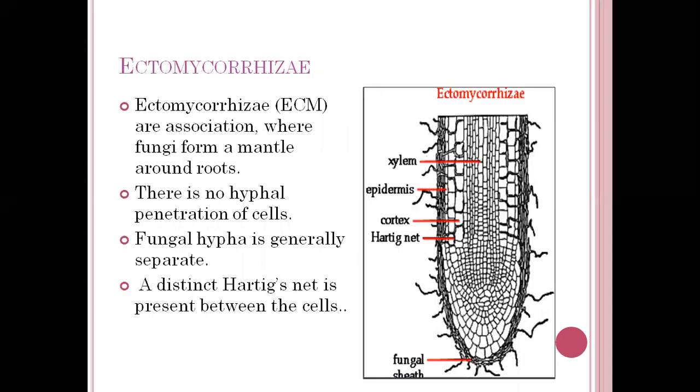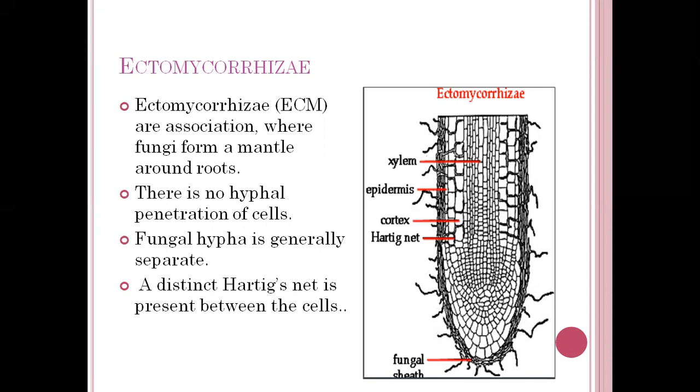Next, we are going to study the ectomycorrhiza. In the ectomycorrhiza, or ECM, the fungi do not penetrate inside the cells, whereas they form a mantle around the roots. There is a formation of a sheath-like structure outside the root cells, and the hyphae do not enter and do not form coils inside the root cells or the cortical cells.